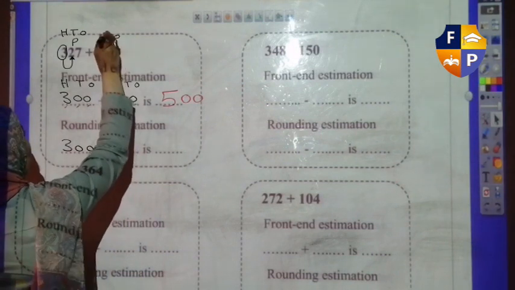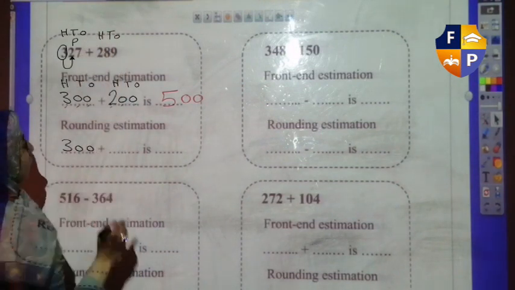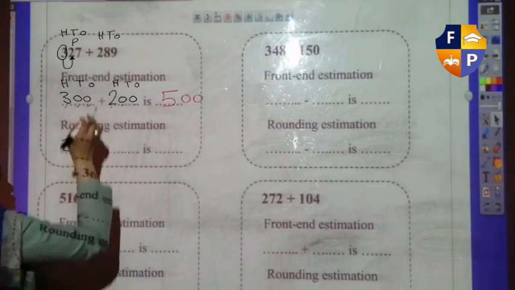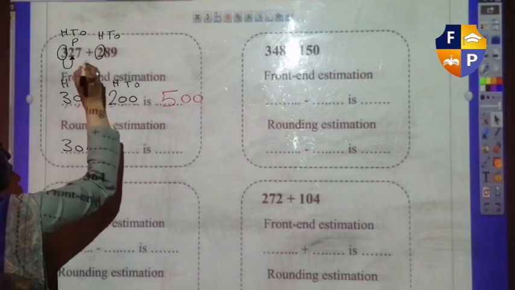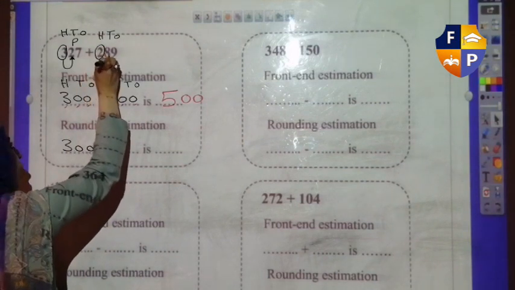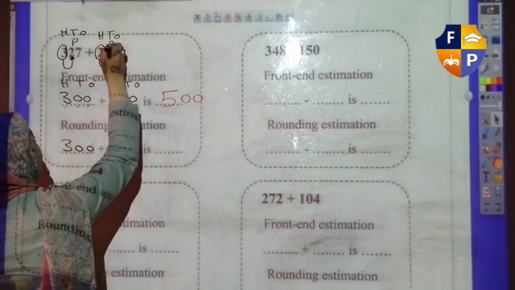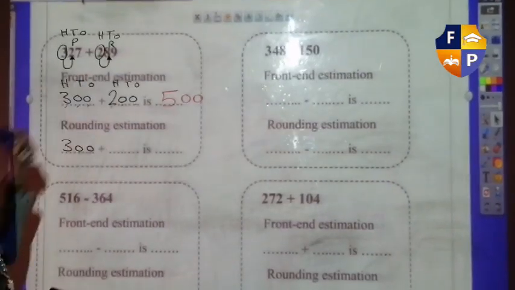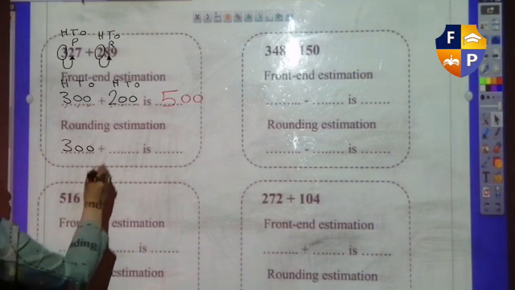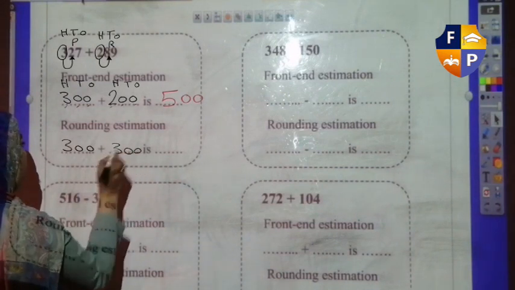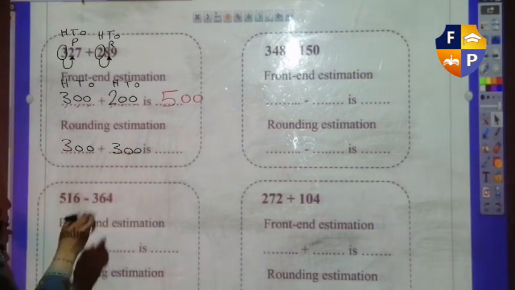Ones, tens, hundreds. Rounding to the nearest hundred. So circle around the digit in hundreds. Look at the digit before hundreds. 8 in tens. 8 is rich. So 289 rounds up to 300. And now I will do my addition operation.